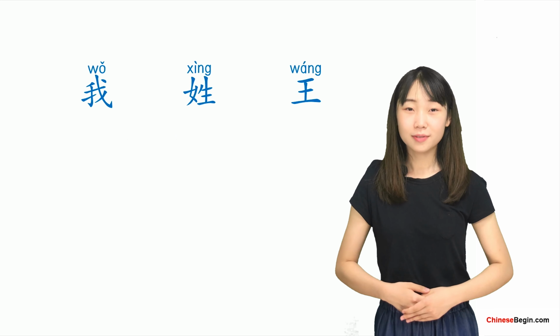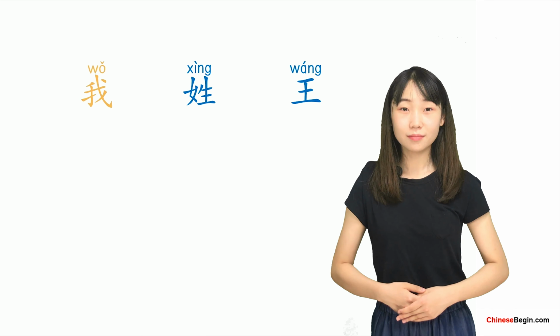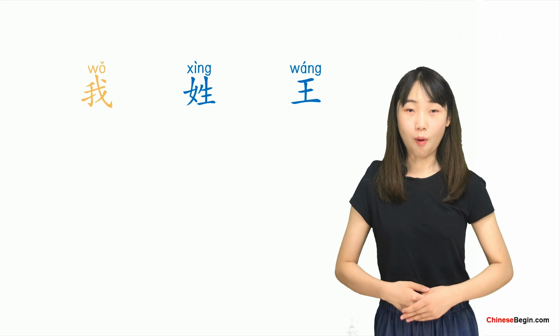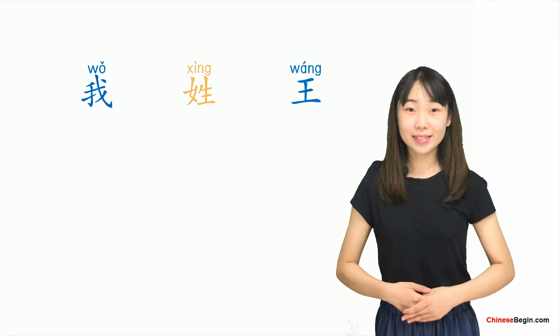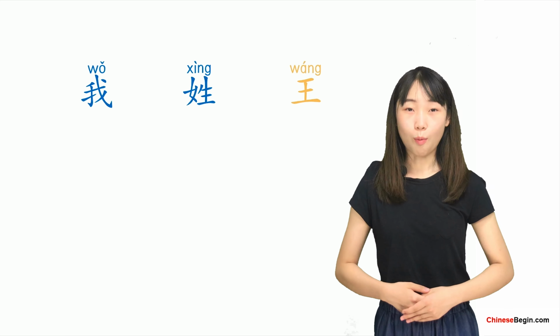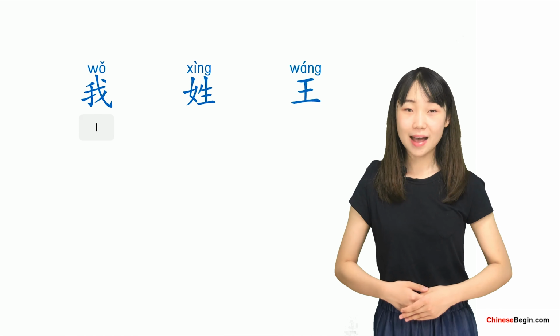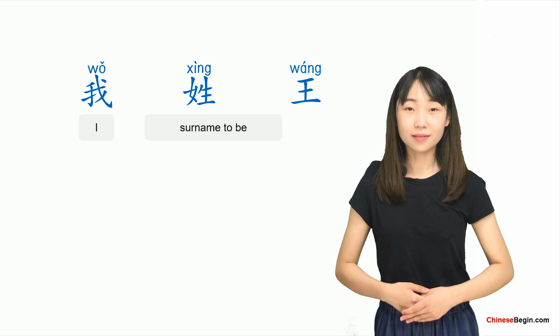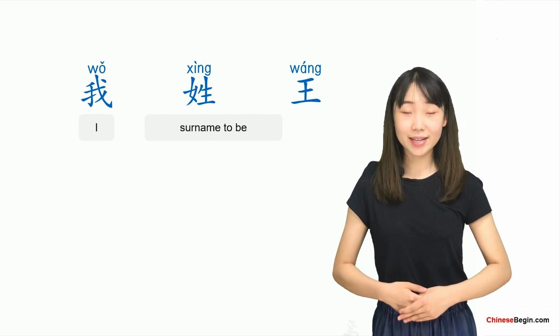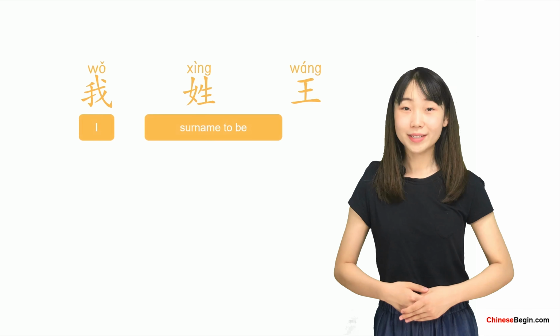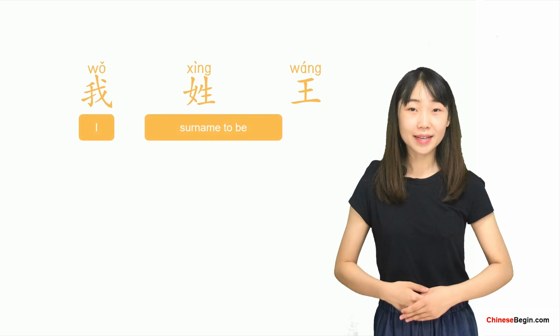For example, 我姓王. 我 means I. 姓 means surname, to be. Wang is a Chinese surname. 我姓王 means my surname is Wang.